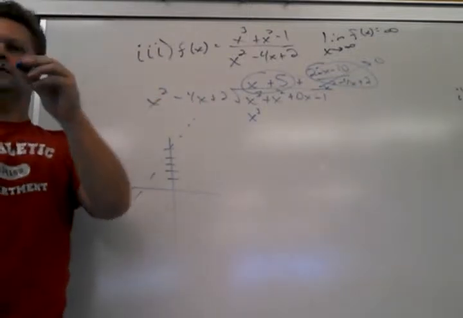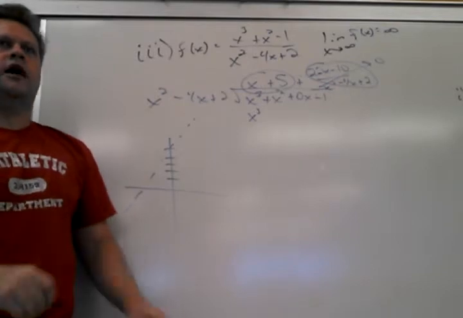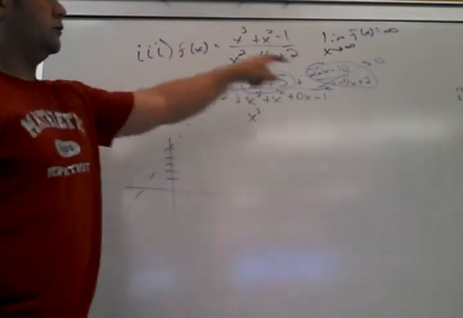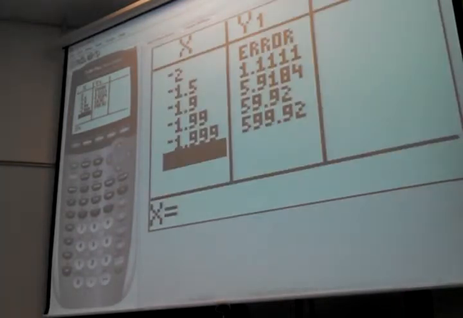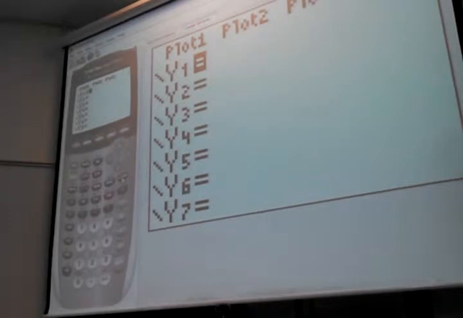So let's graph this thing and see what it looks like. That seems a little freaky. We'll graph this one first, and then we'll graph that one second, and we'll see this pop out. If you have a calculator, just sit there, or look on with somebody else.